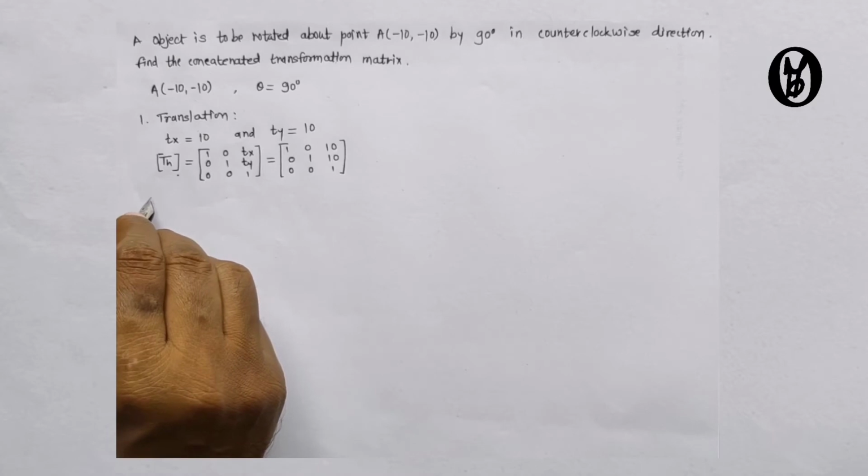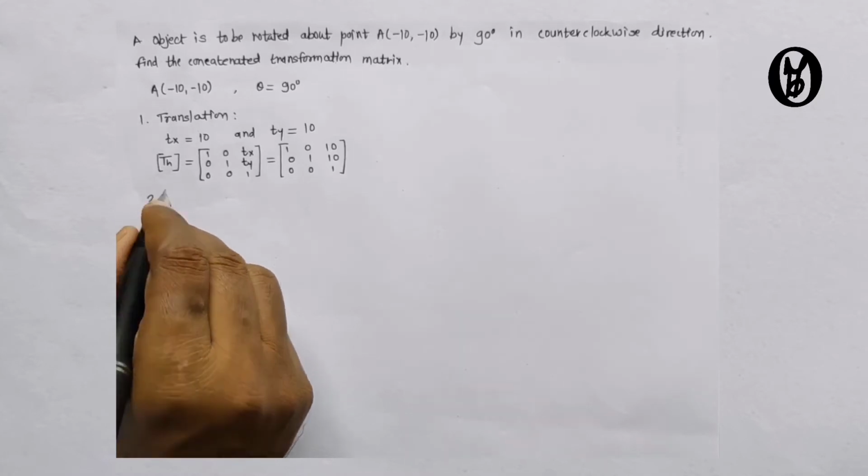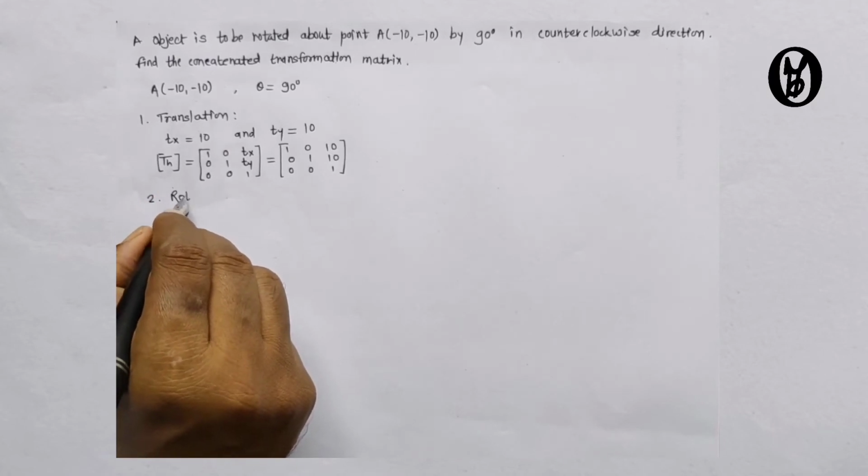In the second step, we will rotate the object about point A by 90 degrees in the counterclockwise direction. Rotation.